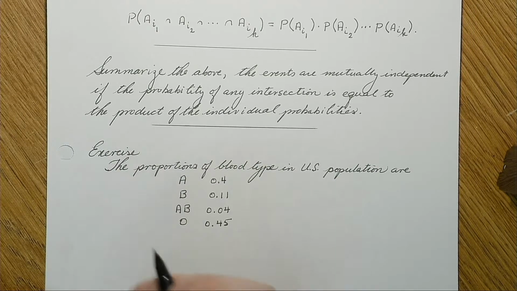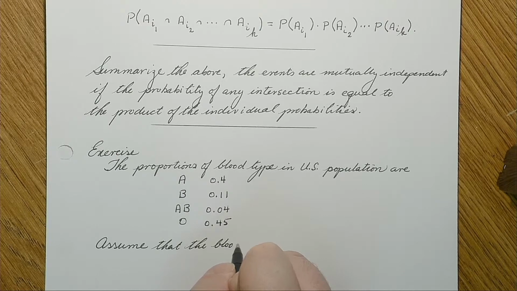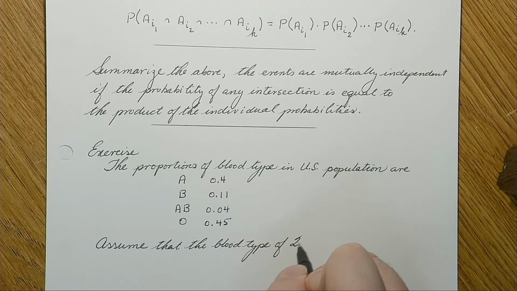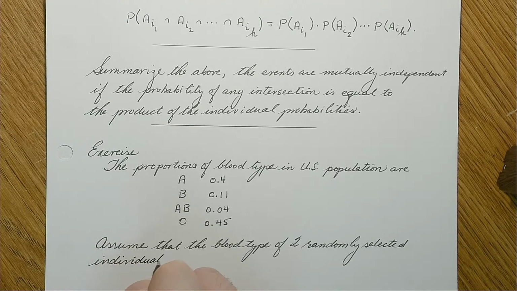So what they say is, assume that the blood type of two randomly selected individuals are independent of each other.